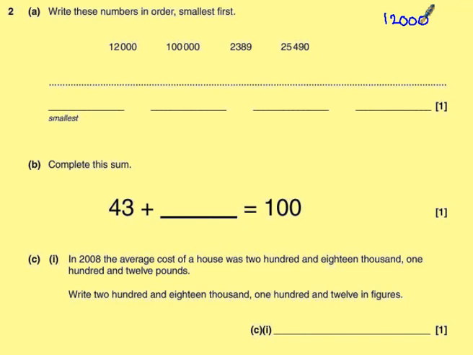So I've got 12,000, I've got 100,000, she's got 5 noughts on it in the question there, 2389, so I've got 4 digits there, 1, 2, 3, 4, 2, 3, 8, 9, and the last one I've got 1, 2, 3, 4, 5 digits, so I'm going to start in the 5th column along, 25,490.